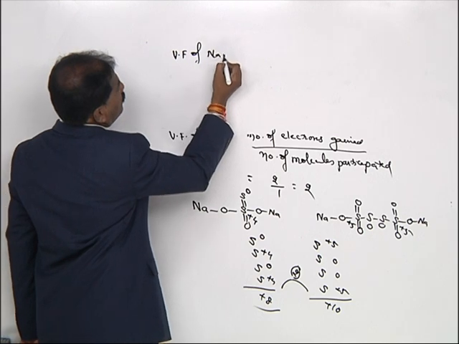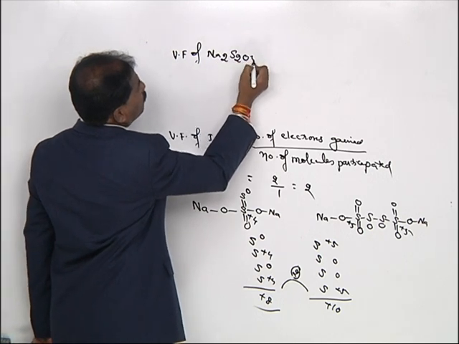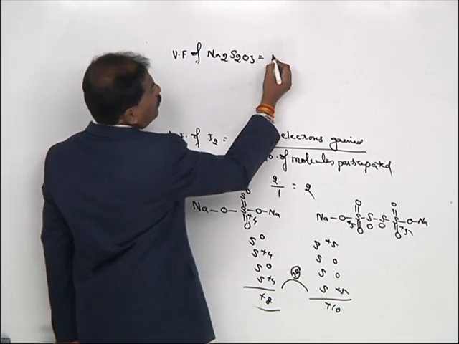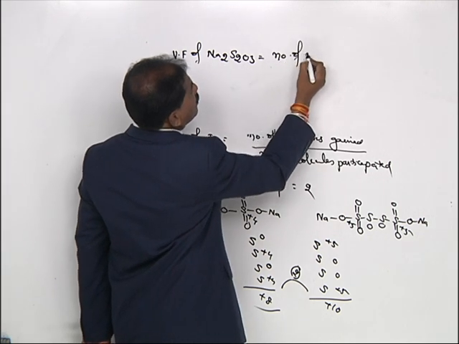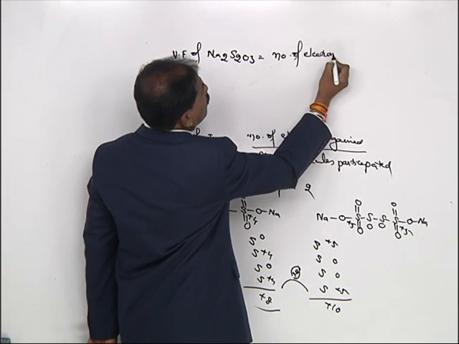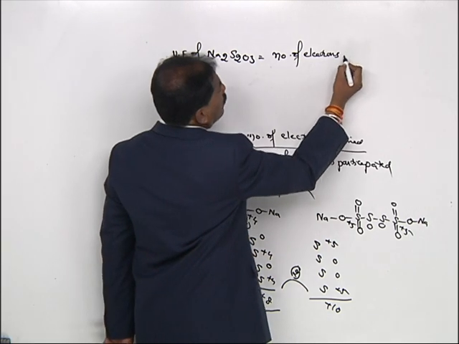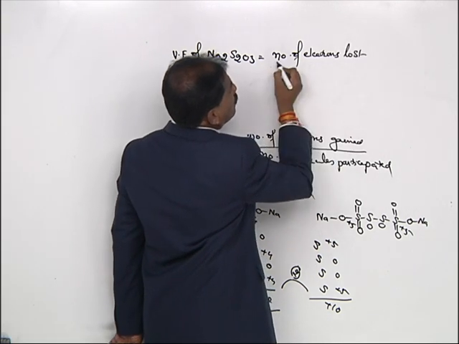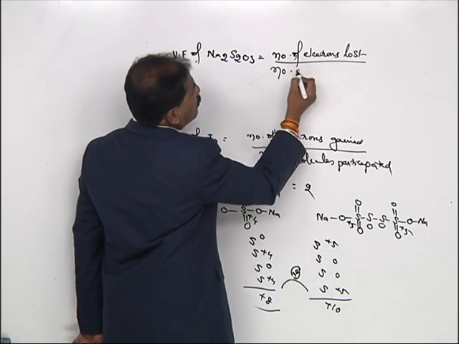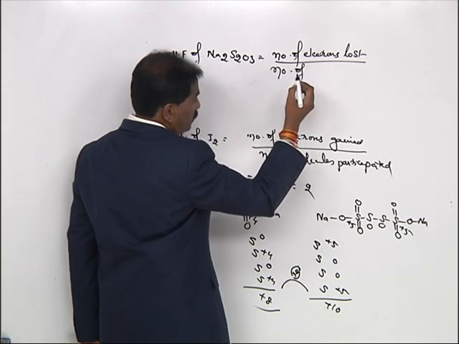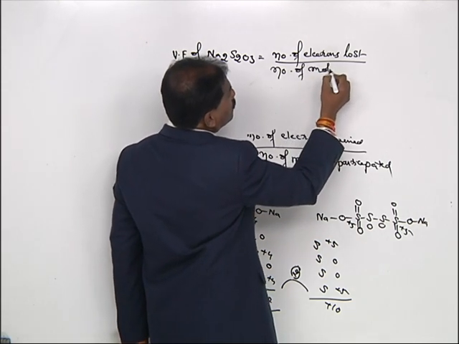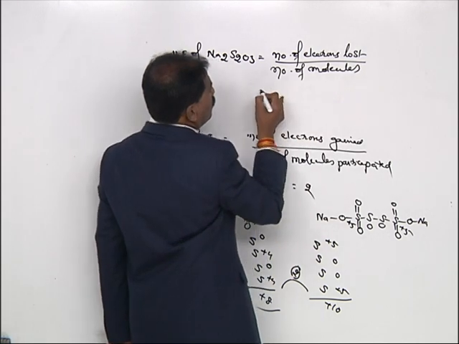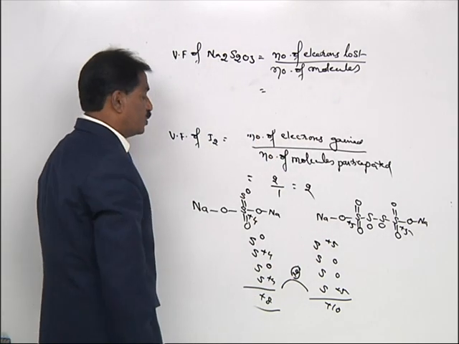Valence factor of Na2S2O3 is number of electrons lost by number of molecules.